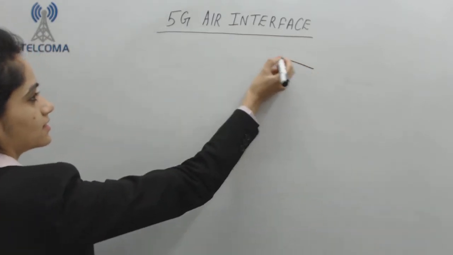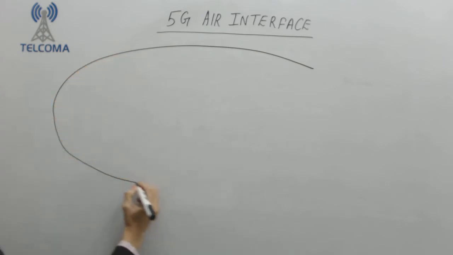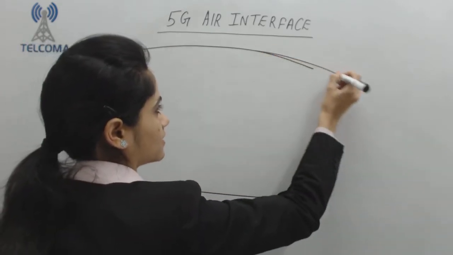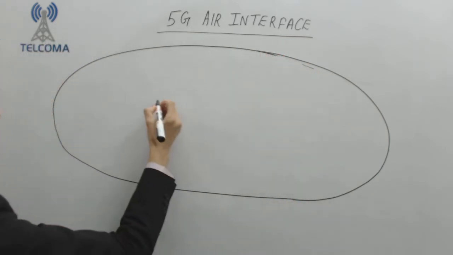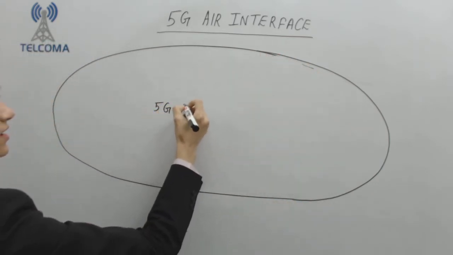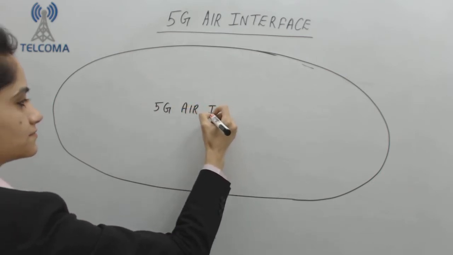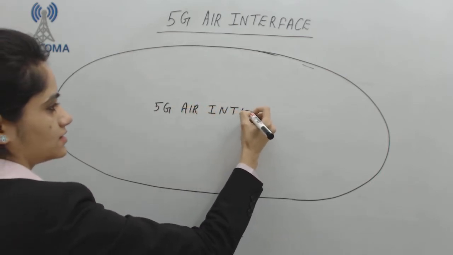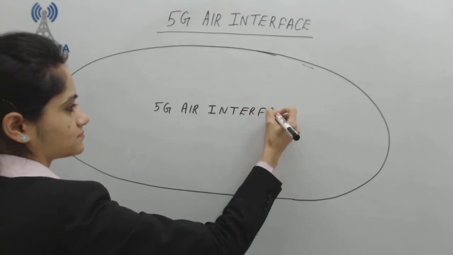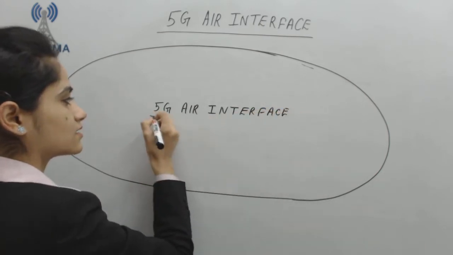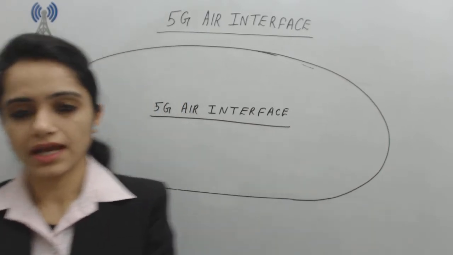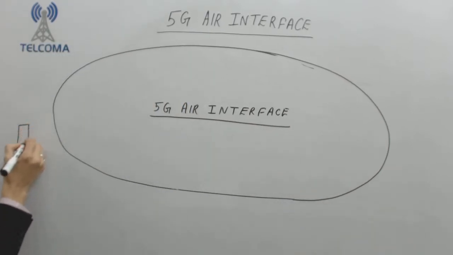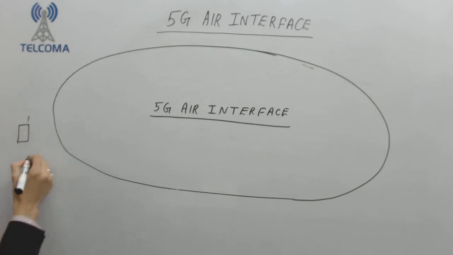Now I will draw an air interface. This is my 5G air interface, so I will write 5G air interface. Now here at this end I require mobile internet.